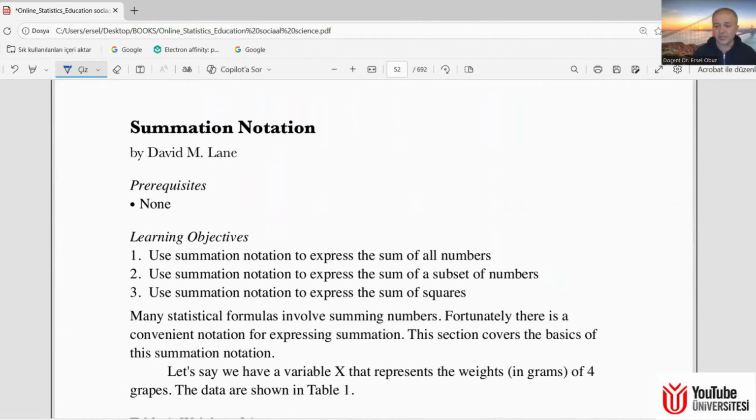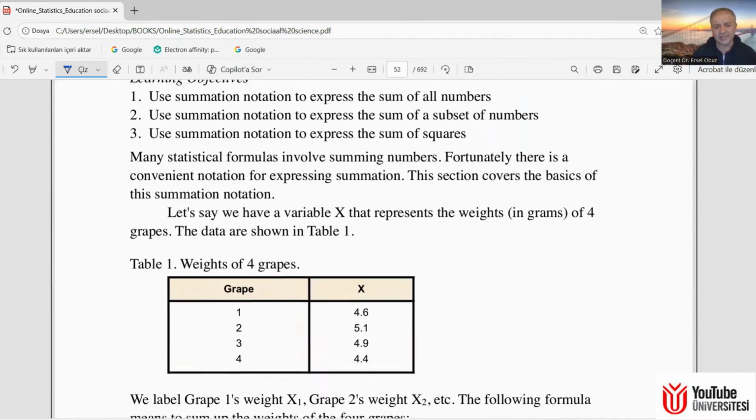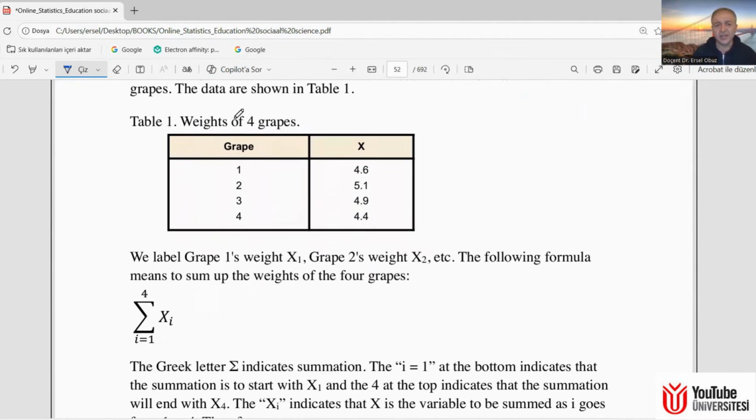Okay, we may talk about summation notation. This is kind of a math, just the beginning. We have the weight of 4 grapes. Those are the x values. So what is the summation of x? Basically, summation of x means we take the x values and add them up. The i at the bottom indicates the point.